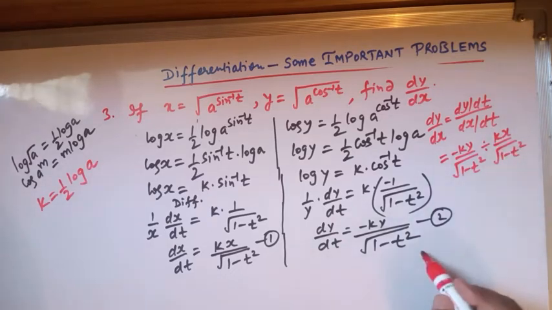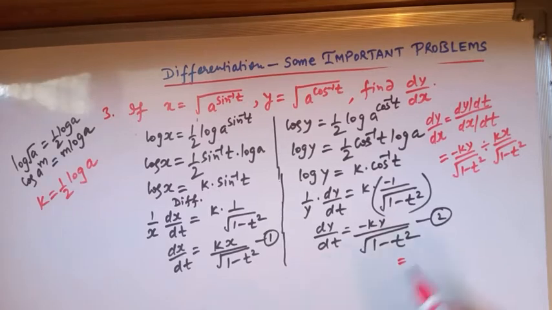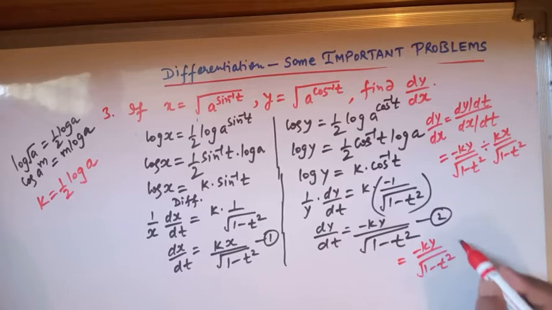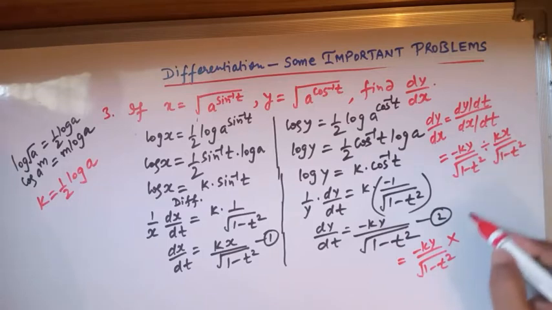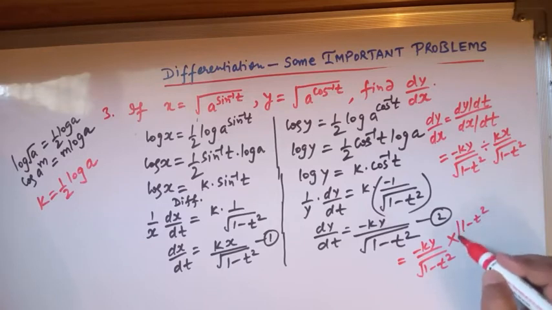Now we change this division sign into multiplication, and we take the reciprocal, square root of 1 minus t square over kx.